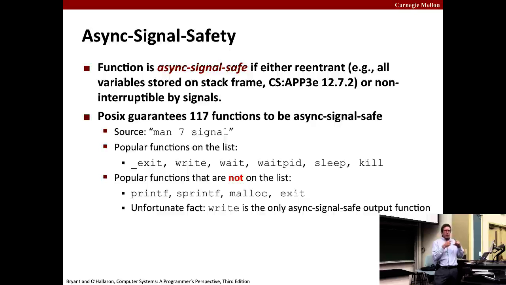So if we have a tight loop in our main routine executing printf, imagine what happens if one of those printfs acquires a lock on the terminal and then gets interrupted by the receipt of a signal. Now, within the signal handler, it calls another printf, and that printf tries to acquire that lock, and it blocks forever, because nothing's going to release that lock, because the main routine was interrupted by the handler.